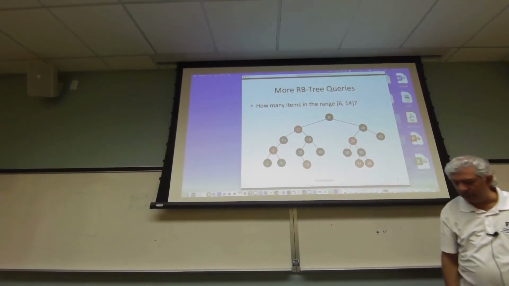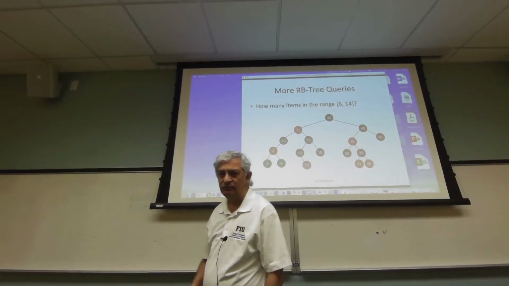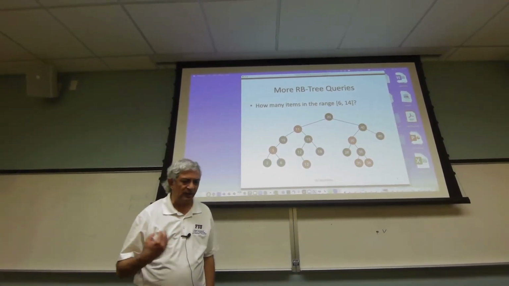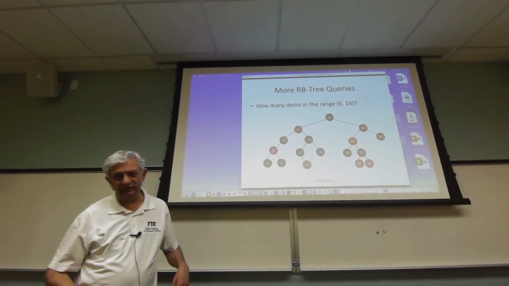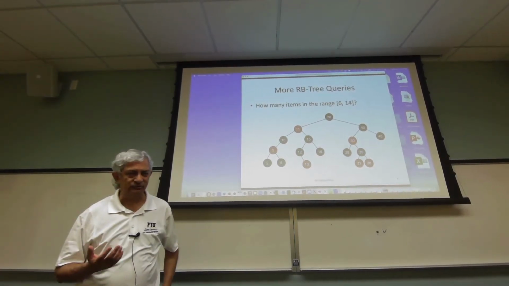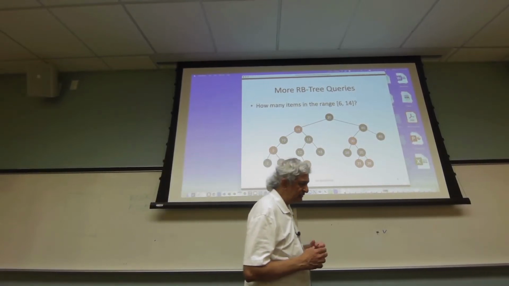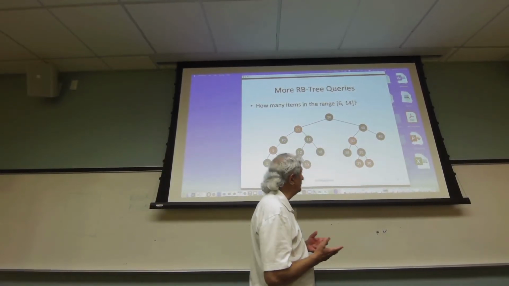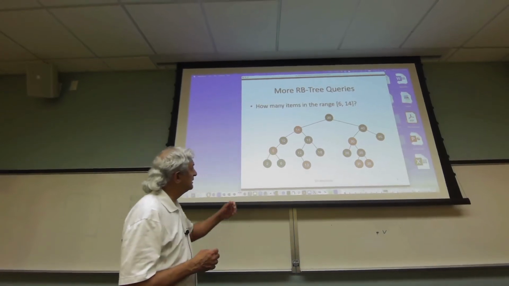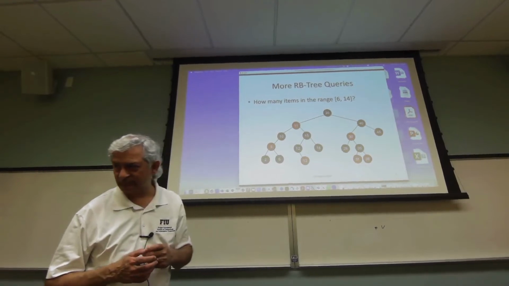But then, if you start to ask range queries, our goal is to ask more interesting queries, not just search, insert, and delete. We want to know how to handle more complex queries. So the first interesting one is something like a range query that says how many items in this tree are between 6 and 14.